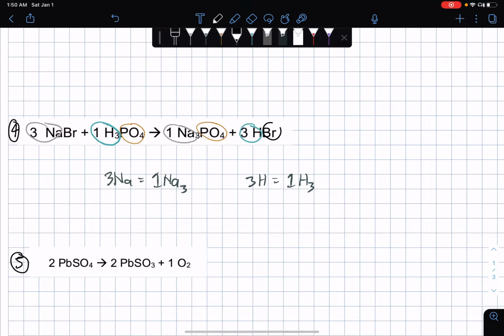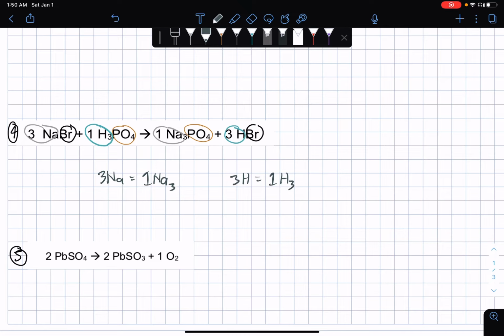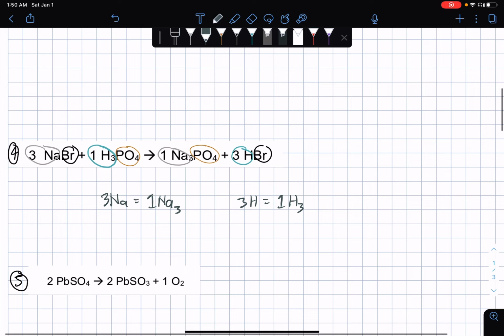We have Br, or bromine, I think. It's not a cation or an anion, it's a stable, neutral element, I guess. Right now, we're in the middle of a process.